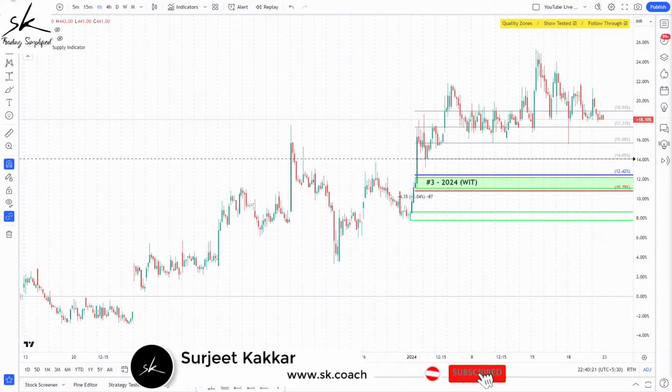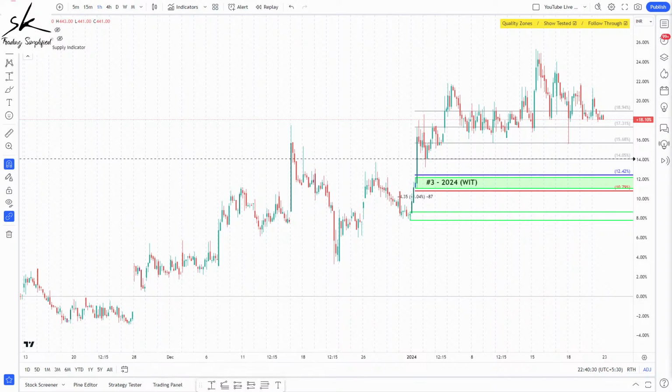We are trying to understand what the curve is, and for the curve analysis we are using bigger time frames versus the time frame we are taking our trades on. And bigger time frames always have higher weightage. So that is why for curve analysis, you can always use all demand supply structures. For trend analysis, you can always use all demand supply structures. Now, if you want to be a little bit more conservative, you can go for quality areas, but that will make you miss a lot of trades, right?